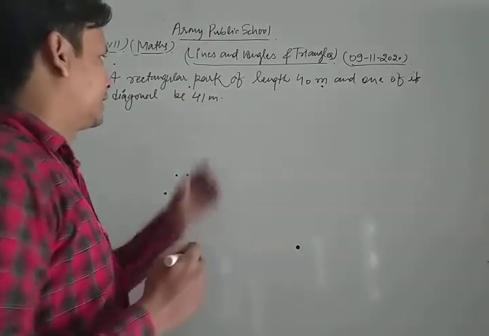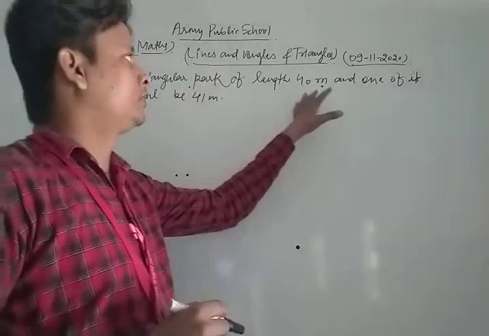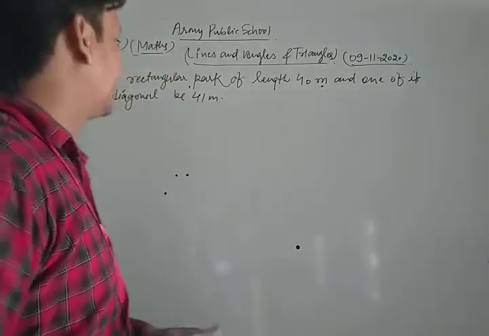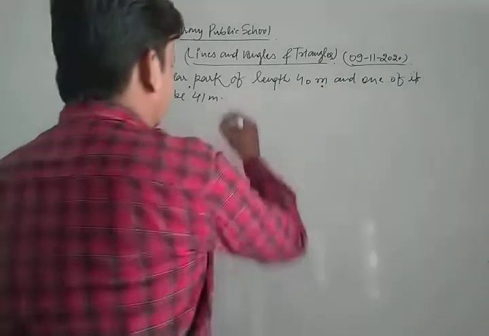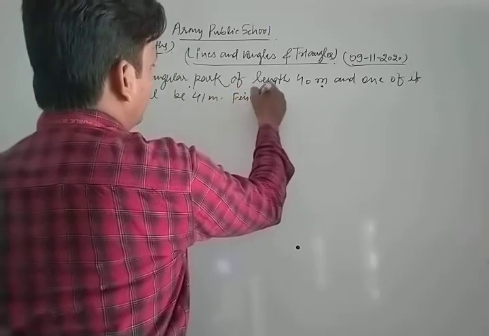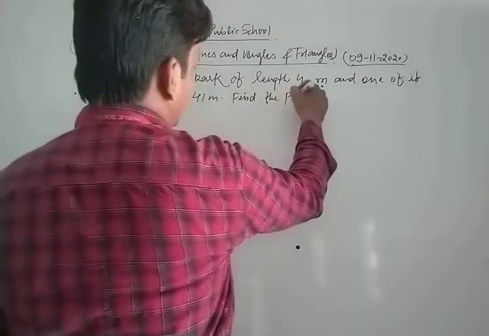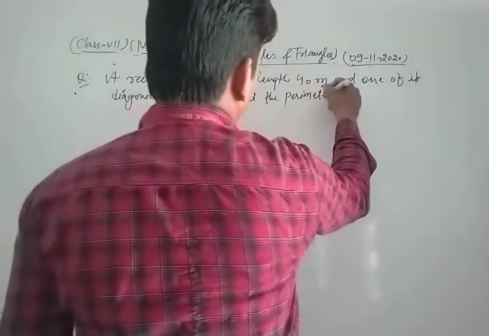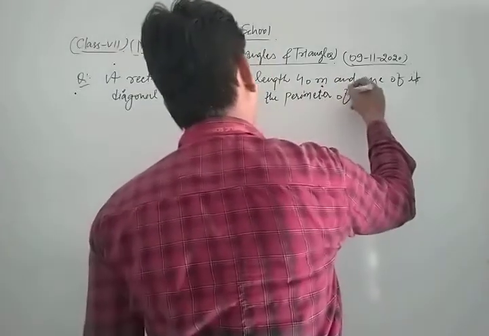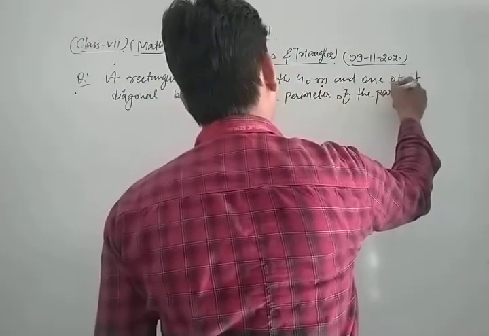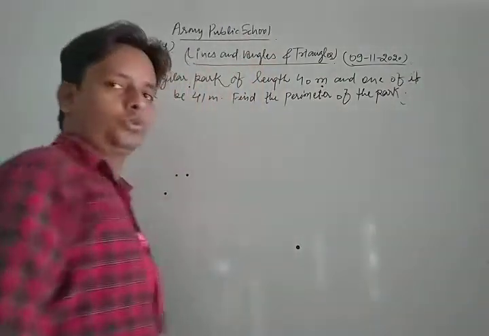Okay, students, a rectangular park of length 40 meter and one of its diagonals be 41 meter. Find the perimeter of the park. This is your question here.